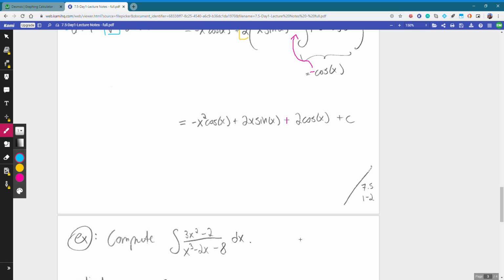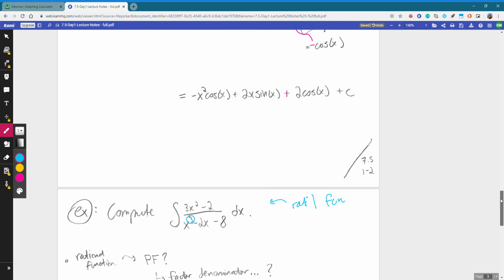So again, kind of similar to the first one. What stands out to me initially is that we do indeed have a rational function going on. The degree of the numerator is less than the degree of the denominator, but the degree of the denominator is 3.